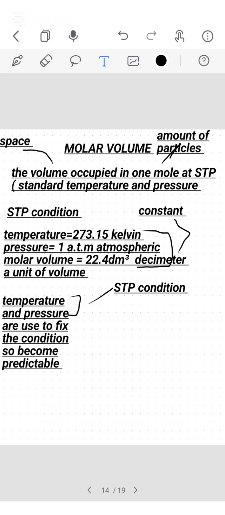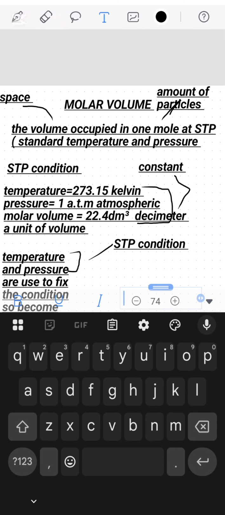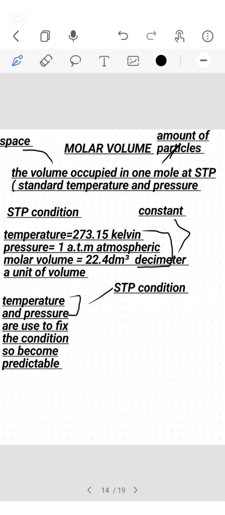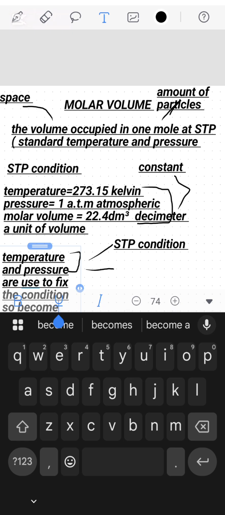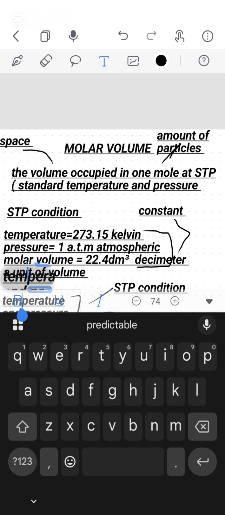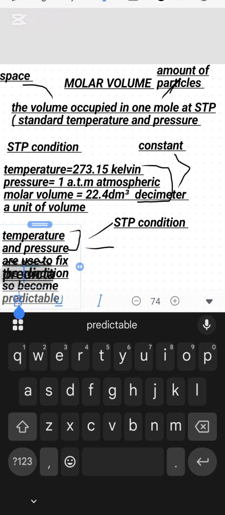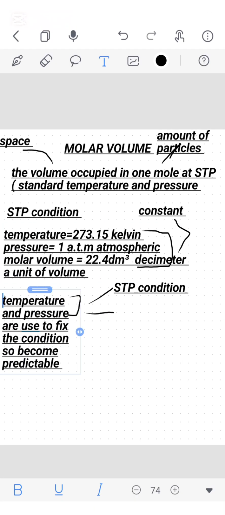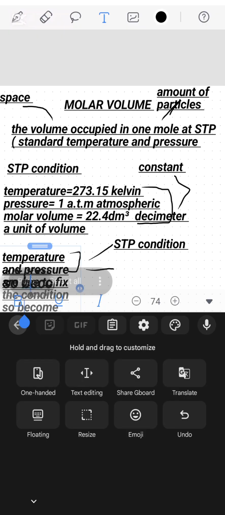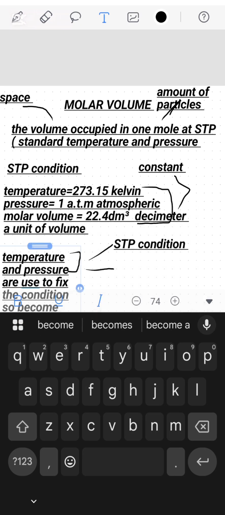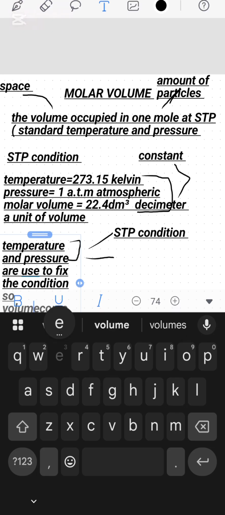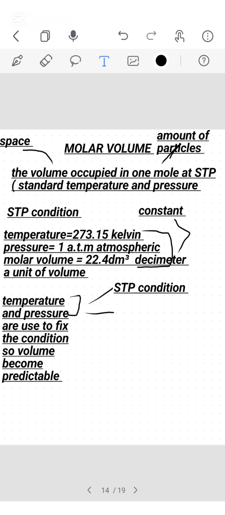So what it is saying is that we use temperature and pressure to fix the conditions so that the volume becomes predictable.